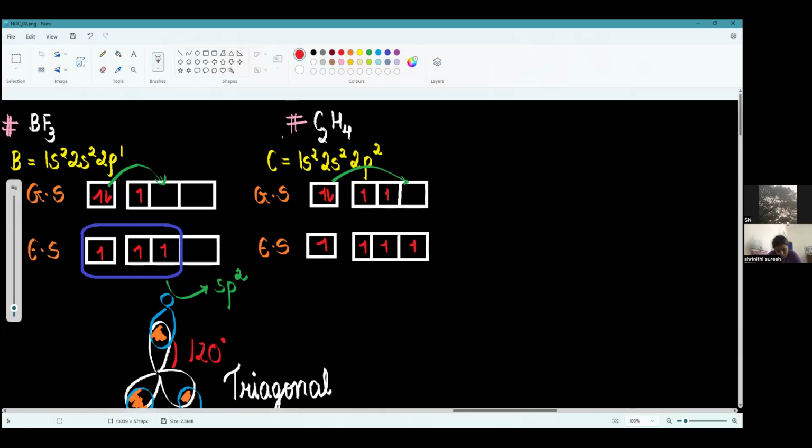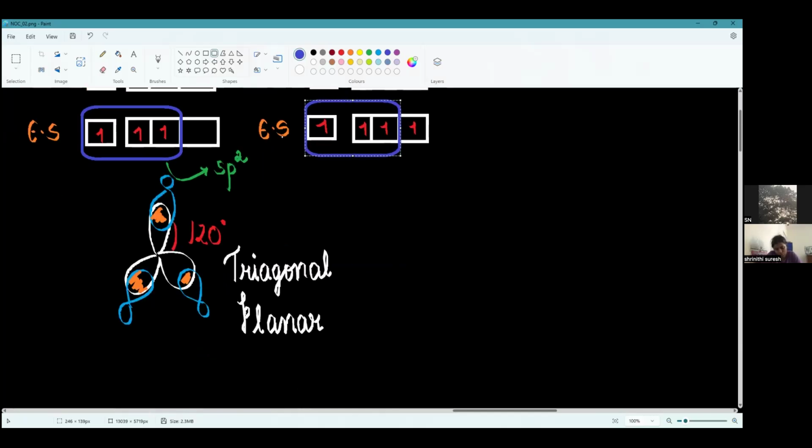Now the 2s orbital overlaps with the 2p orbitals to form sp2 hybridization. This hybridization is called sp2. Why sp2? Because one s orbital and two p orbitals are involved. I am drawing the hybrid state now.